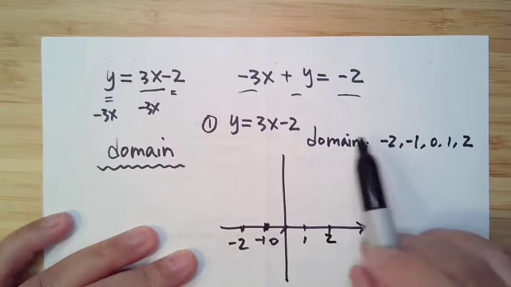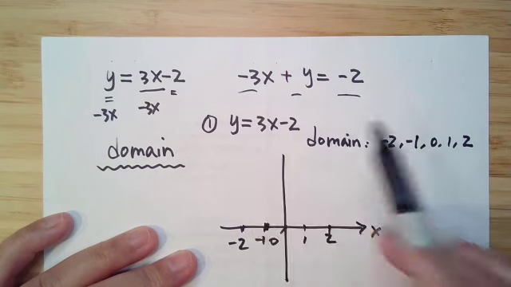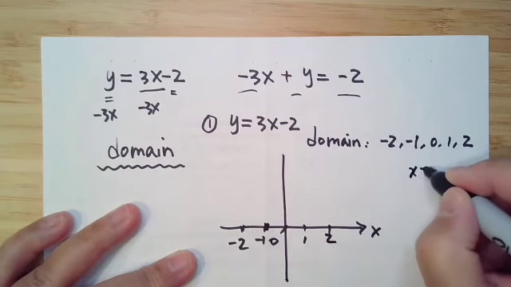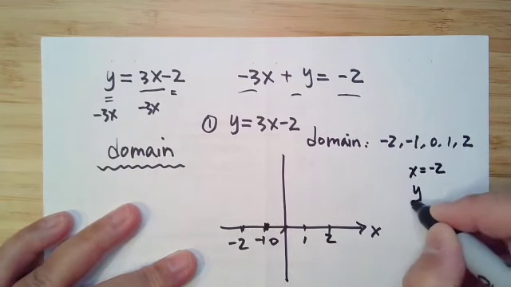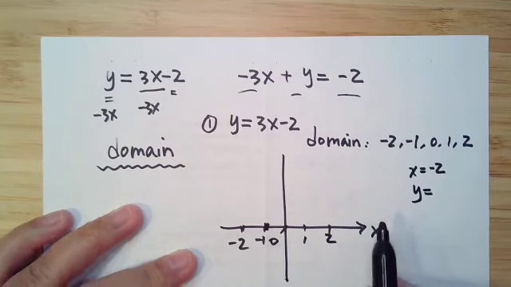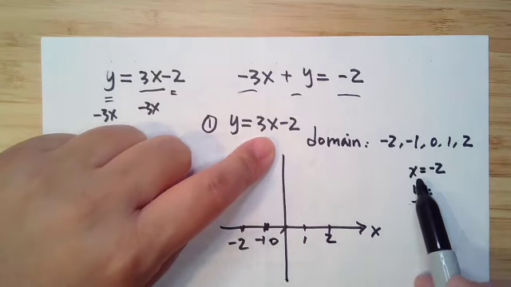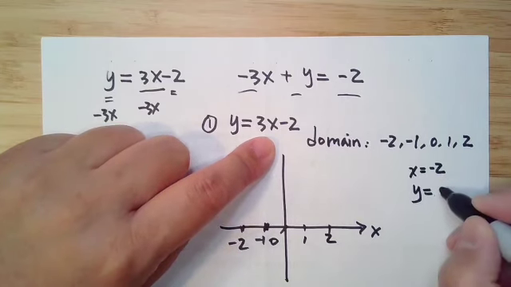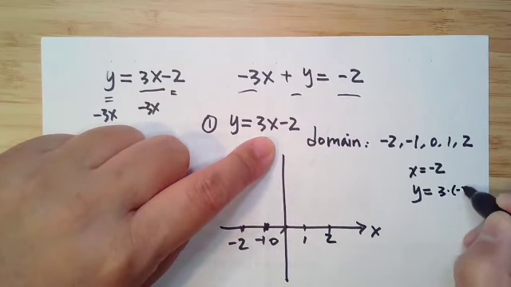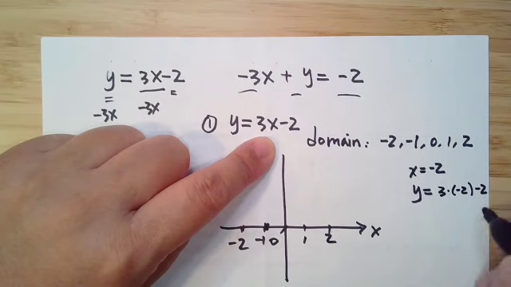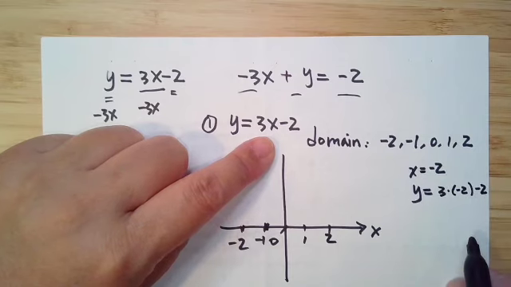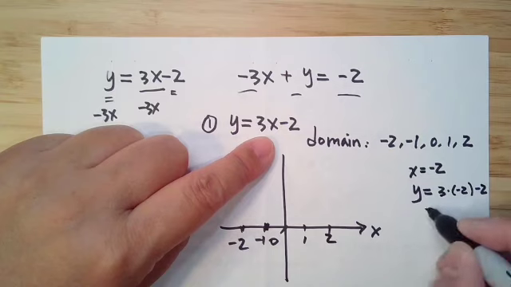With these x values, you can just plug them in to get y. So when x equals negative 2, y equals 3x minus 2, we plug in x equals negative 2. That would be 3 times negative 2 minus 2. And 3 times negative 2 is negative 6, minus 2, that will be negative 8.